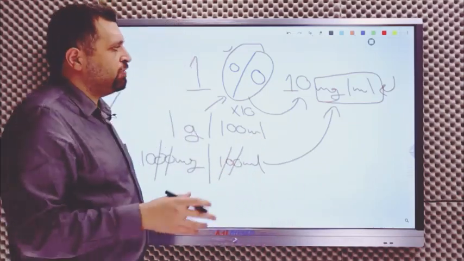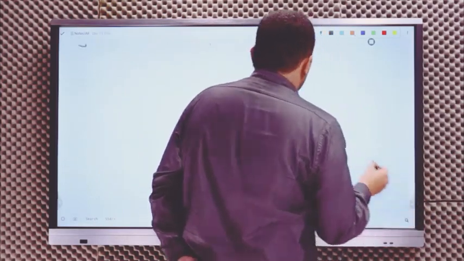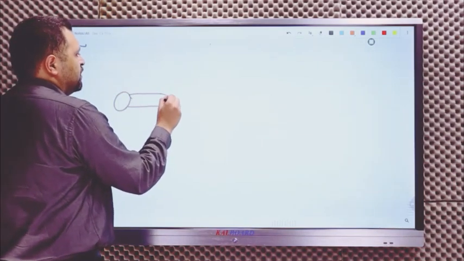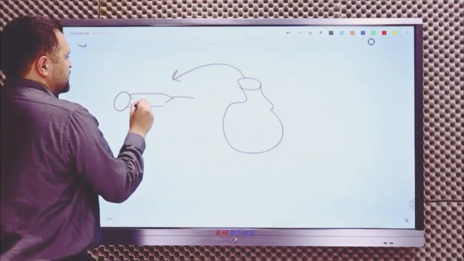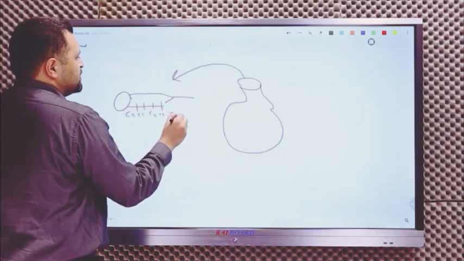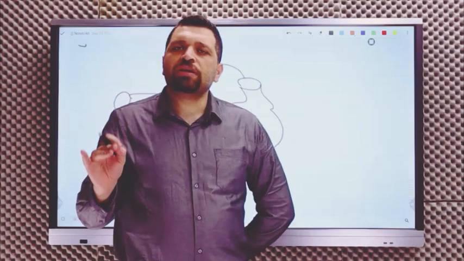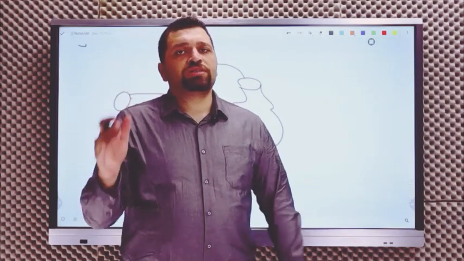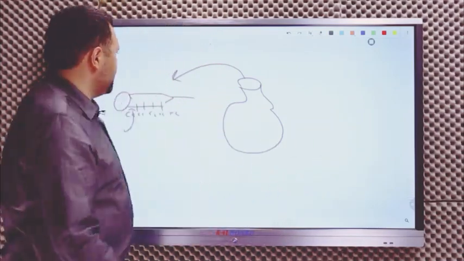When we dissolve the thiopental, we need to know how much thiopental there is. Here is our syringe. We took the ampoule and added it to the syringe. The syringe consists of many cc's. We need to know how many milligrams of thiopental each cc contains, because depending on this knowledge, we can know how many cc's to give this patient so he or she can sleep.